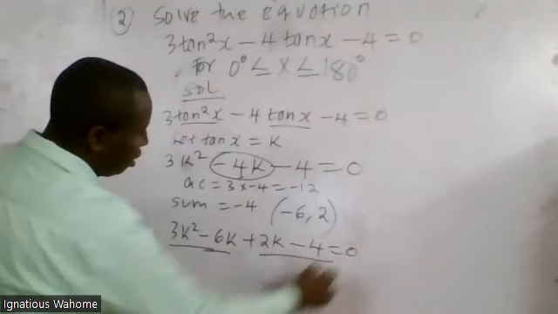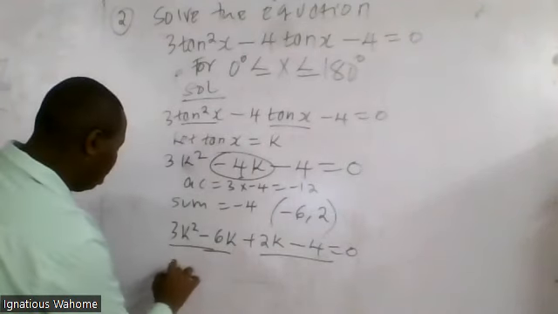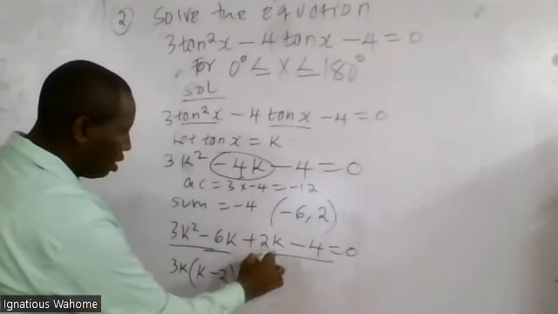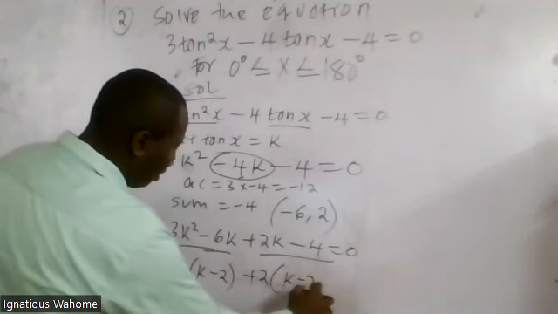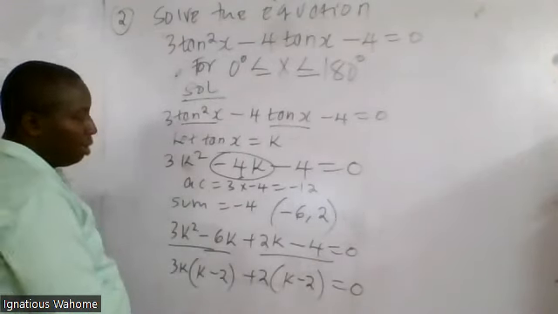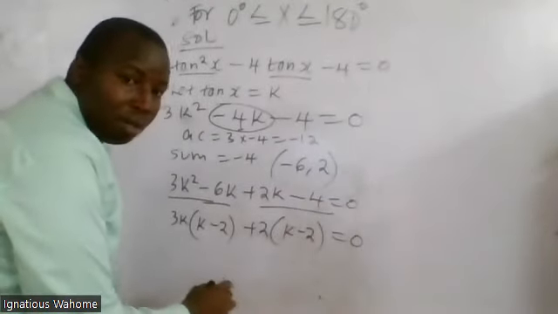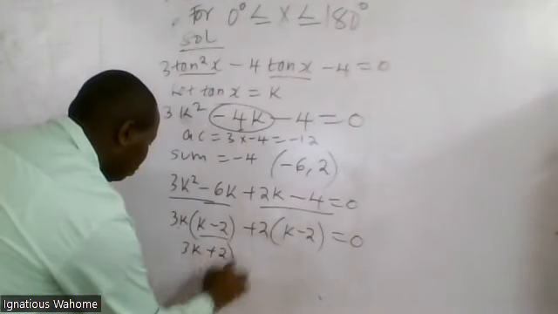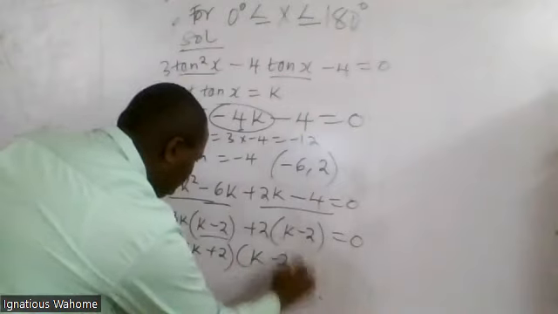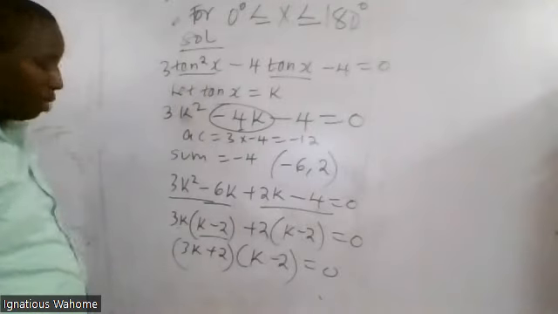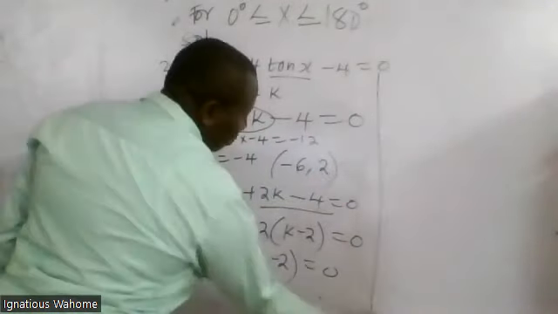Factorize the first two and the last two terms. So 3 is common: you get 3 times k minus 2 plus 2 times k minus 2 equals 0. Take these factors, 3k plus 2 and k minus 2; since the two k minus 2 factors are equal, you take one of them.